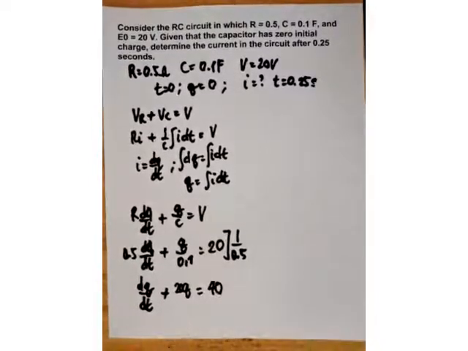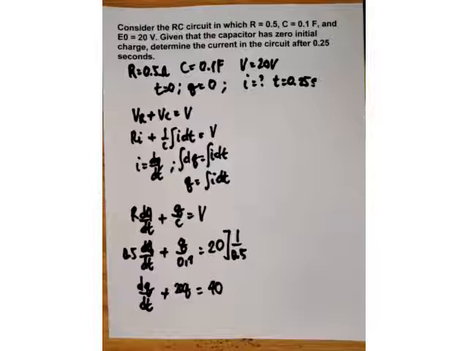Tama ba ako? So 1 over 0.1, that's 10, divided by 0.5, that's 20. And then 20 divided by 0.5, that's 40. Ayan. So, tama ba ako? Okay.